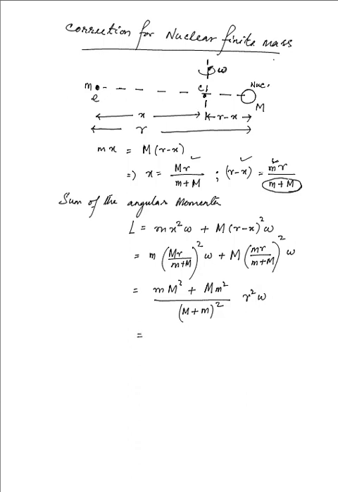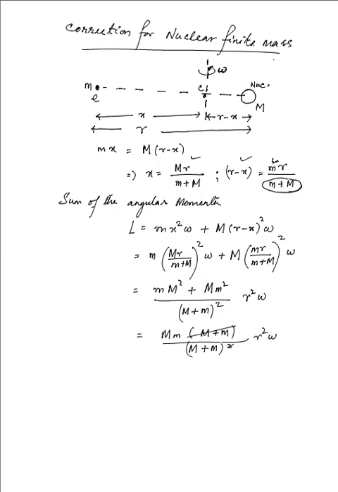So from that, one of M and m can be taken common, and with that taken common we are left with M plus m divided by M plus m squared. So one of them gets cancelled out, with the r squared omega.